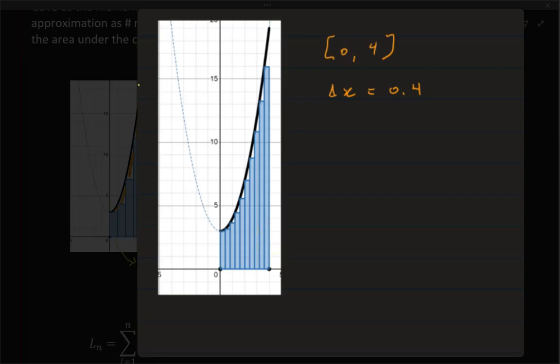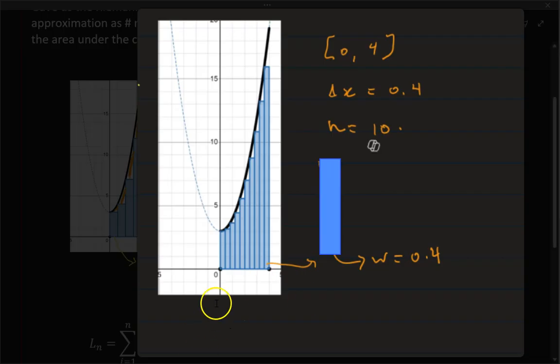That means the width of each of these small rectangles is 0.4. And the number of subintervals, n, is 10. That means there are 10 rectangles. And now you can see that the area under the curve is actually becoming more accurate.